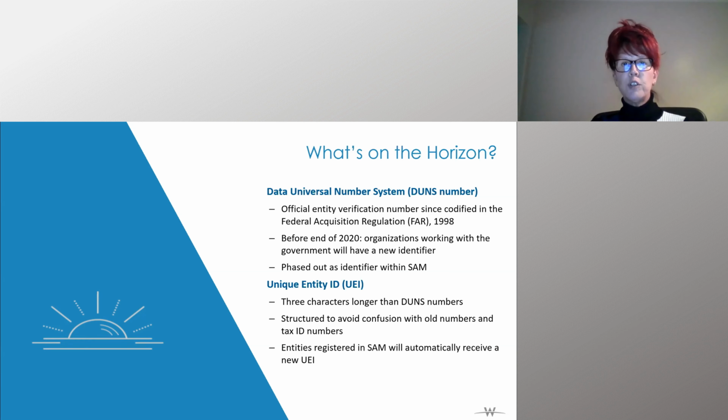So this unique entity ID, the UEI, will be 3 characters longer than the current DUNS number. It will be structured to avoid confusion with the old numbers as well as the tax IDs. And the good thing is that firms already registered in SAM will automatically receive a new entity ID.